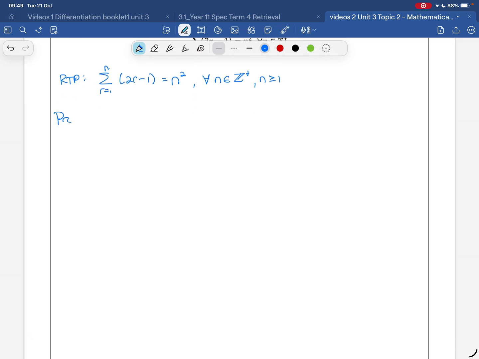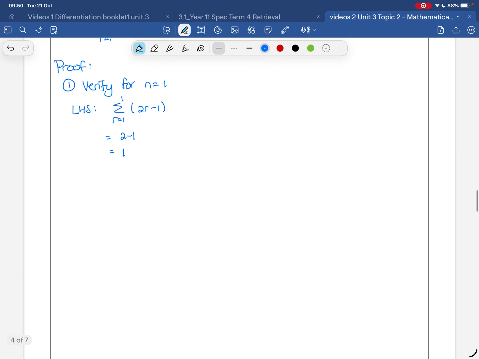Now we follow exactly the same method for our proof as we did before. So the first thing we're going to do is verify for n equals 1, and we're going to have a look at our left-hand side. So our left-hand side says, now we're going to put n equals 1. So we've got the sum from r equals 1 to 1 of 2r minus 1, and that's just going to be 2 minus 1, which is 1.